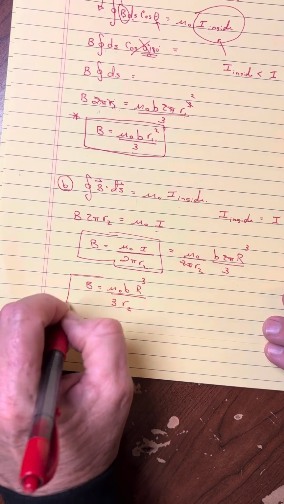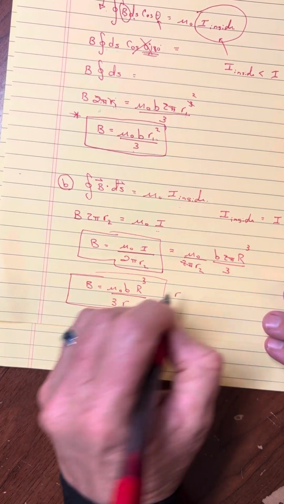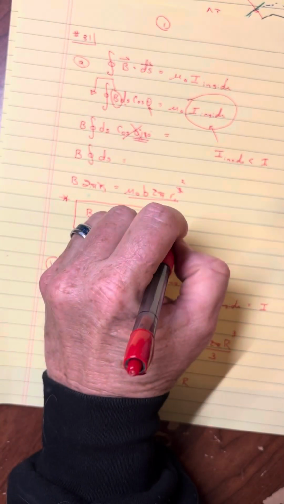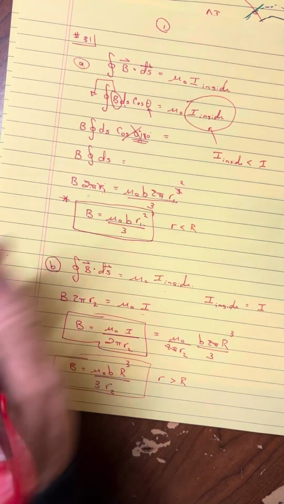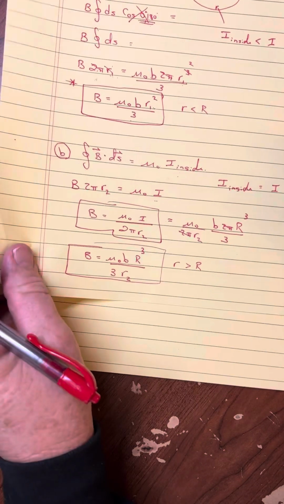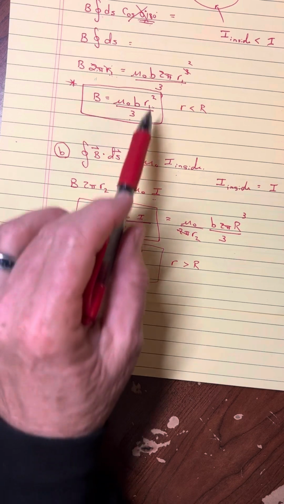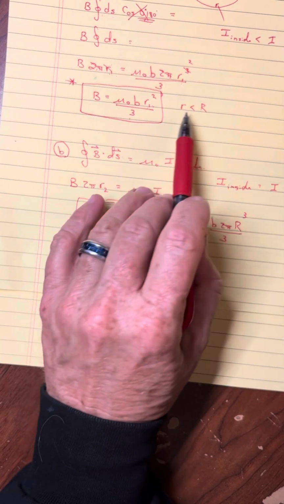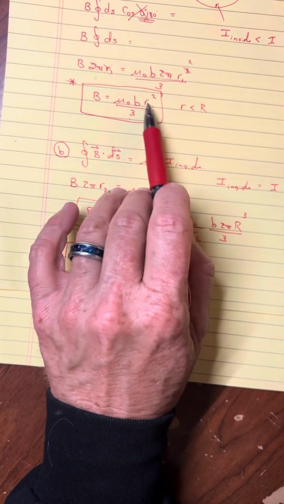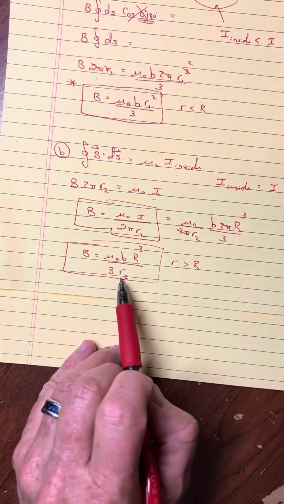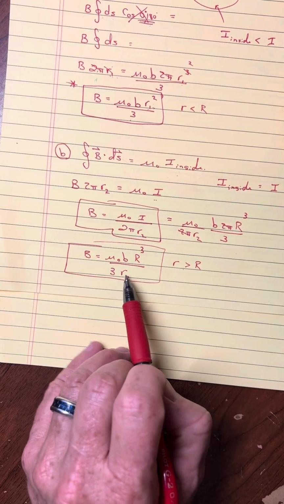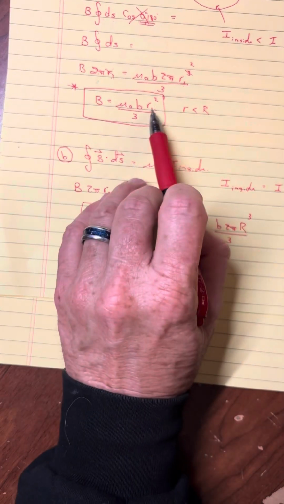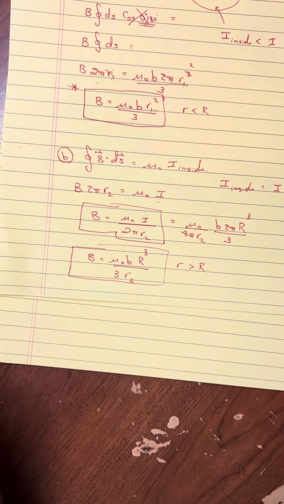And so this would be when you're outside. So this is when little r is greater than capital R, and then this is when r is less than capital R. So inside, outside. In fact, you can even see how they match in the sense that when you're on the boundary, if you put in a capital R here, you actually get the same thing when you put a capital R there, because when this is a capital R, one of them cancels, and you just get capital R squared, and that's what you get here when you are at the boundary.